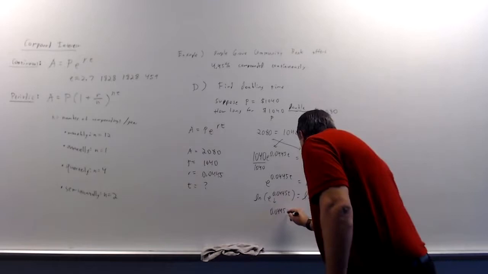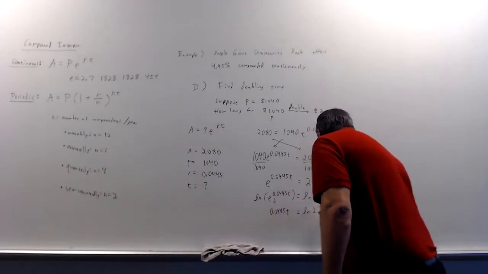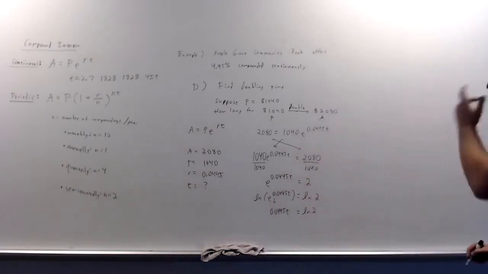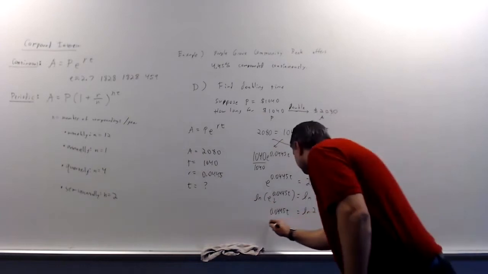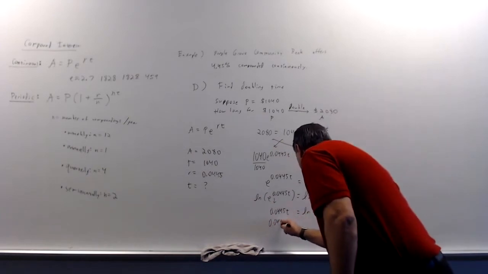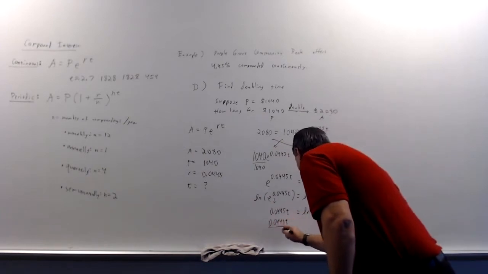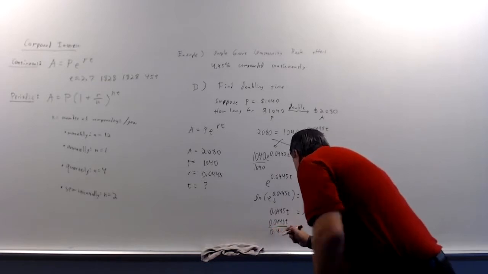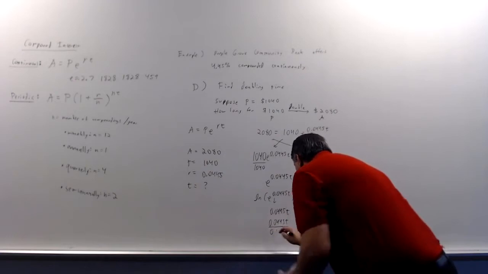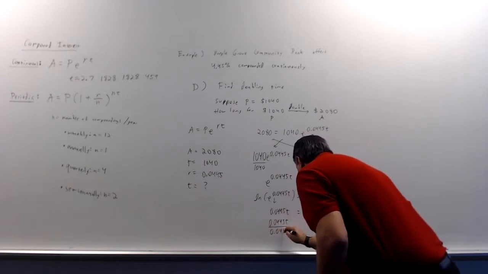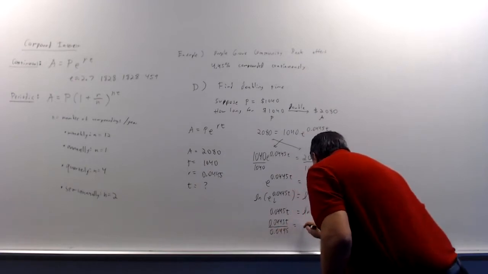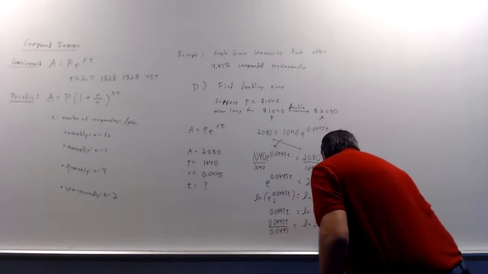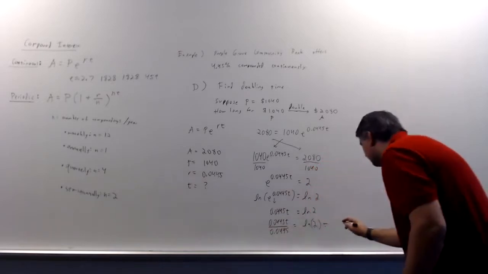We have 0.0445t equals the natural log of 2. All I need to do now is divide off that 0.0445. Might want to put that in parentheses to be on the safe side.